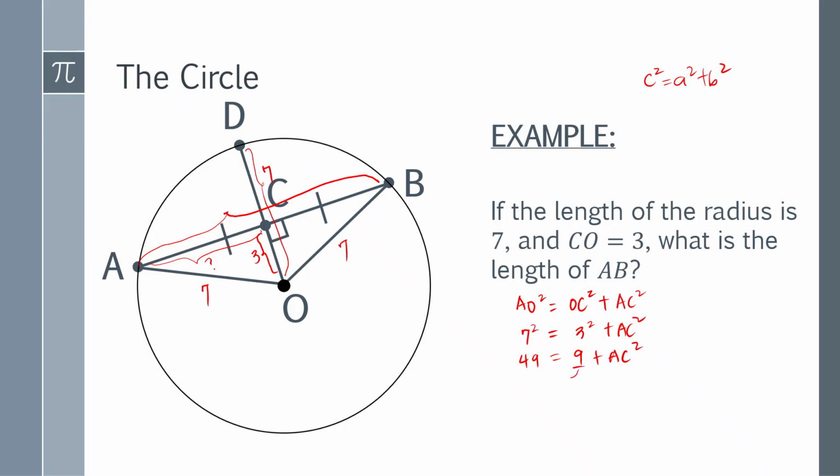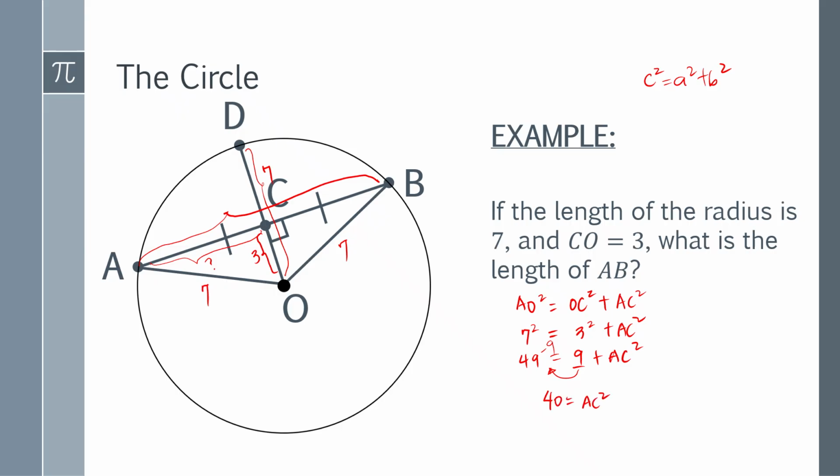You have to transpose the 9 to the other side. So 49 minus 9 is 40. 40 is equal to AC squared.